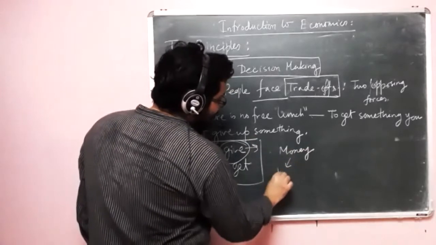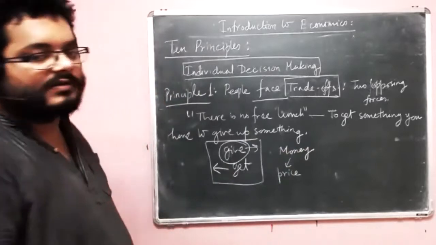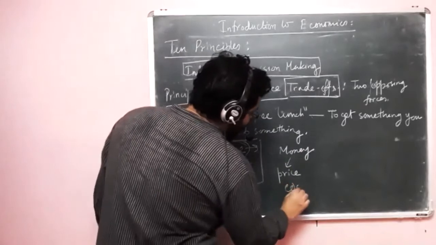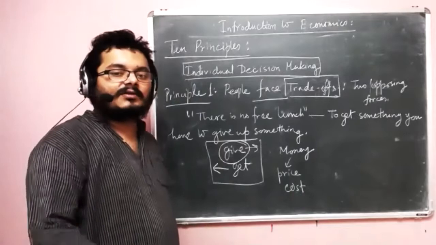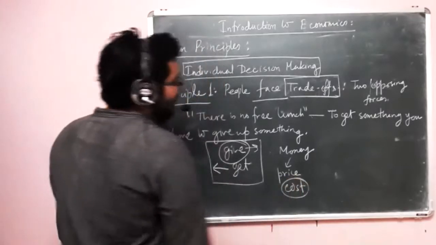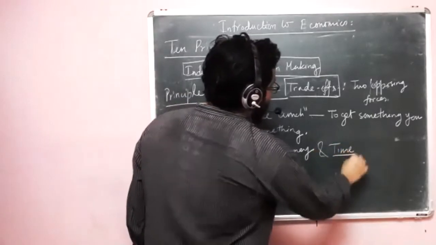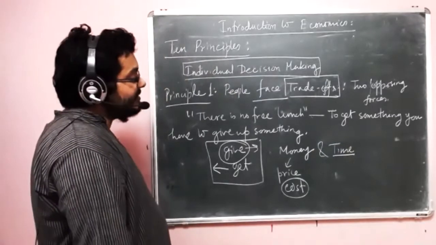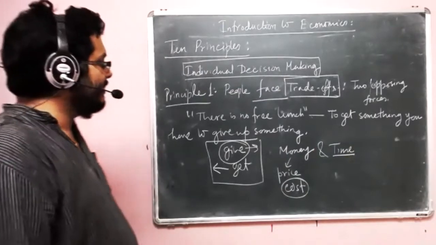This price can be interpreted also as the price of the product and also as the cost. So the price that you pay is basically the cost of getting something. And there is another thing, which is time, which is more omnipresent in nature than we are ready to explicitly discuss.